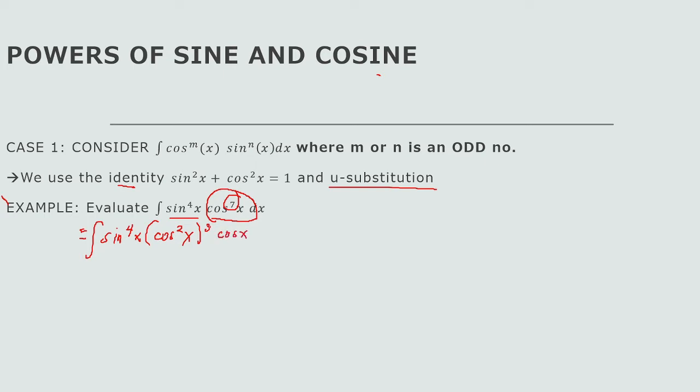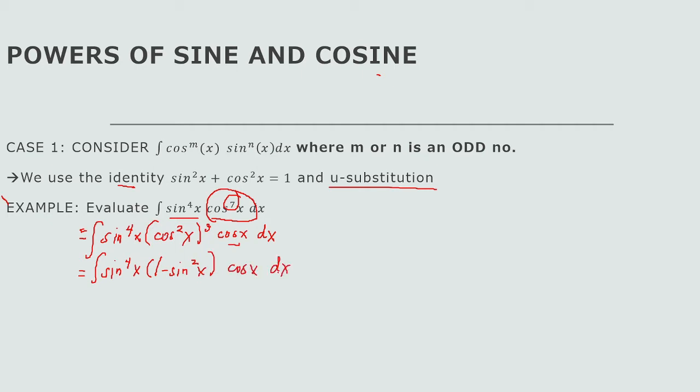That's 3 times 2, that's 6, and then plus 1, that's 7x dx. So according to this case, we're going to use the identity: cosine squared x is 1 minus sine squared x, cosine of x dx.